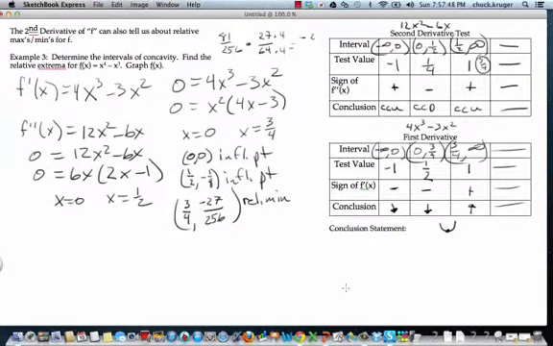All right, I'm going to graph this. And again, I could make my conclusion statements. I'm not going to write them out, but you can. (0, 0) is an inflection point because it changed concavity from concave up to concave down, or the second derivative changed signs.